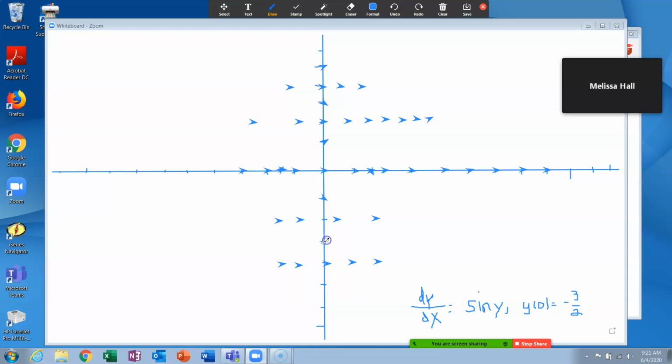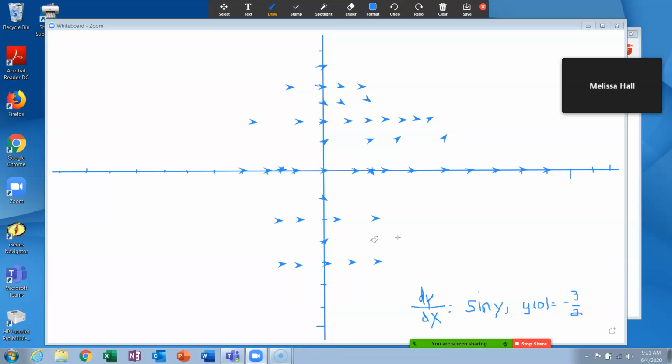And all across here, the slopes are always +1 here, +1 there, +1 here, -1 here, -1 here, -1, and +1 here. Everywhere where you're on a half pi, you're either a plus or a -1.